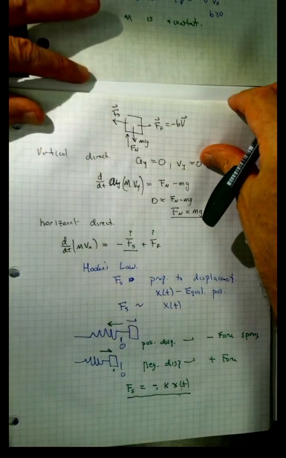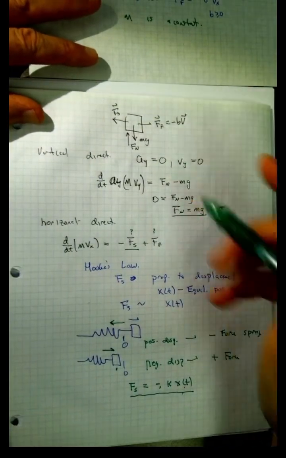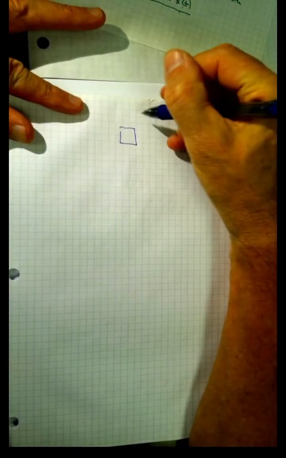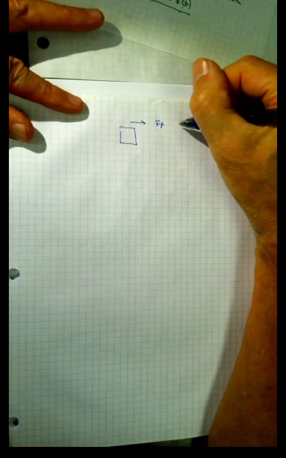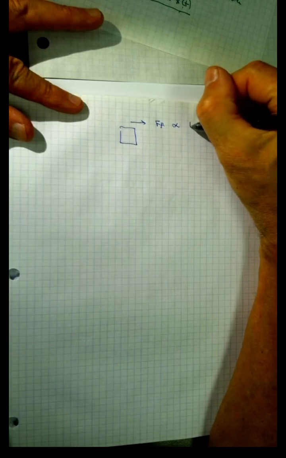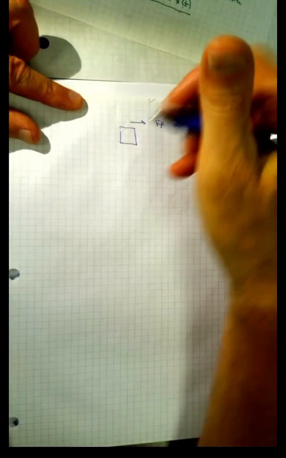All right. So now let's look at the force due to friction. So I'm just focusing on the force due to friction, and I'm assuming this is proportional to the velocity in the x direction, because in the y direction, it's not moving. So what does this mean?